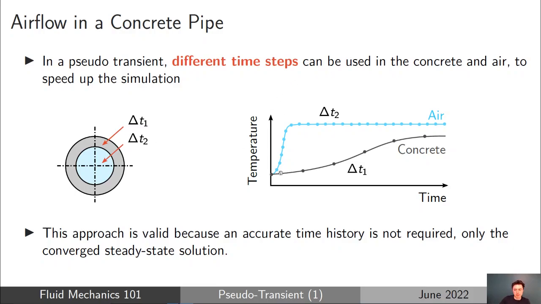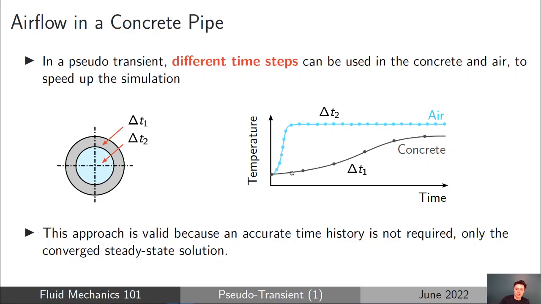So we can use a much larger time step in the concrete than we do in the air. And so just looking on this graph, you could see that after 1, 2, 3, 4, 5, 6, 7 or 8 of whatever these delta T2 time steps are, our air temperature is going to be no longer changing. But then in the concrete, again, after 1, 2, 3, 4, 5, 6, maybe 7 of the delta T1 time steps, the concrete has also reached its final temperature.